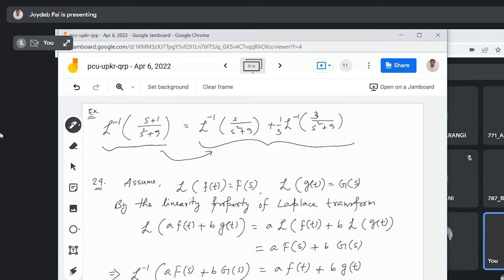I can just write f(t) as Laplace inverse of F(s) plus b into Laplace inverse of G(s). हो गया ना. Laplace inverse जो है वो linear है, वो property proof. L inverse of a into something plus b into something is equal to a into Laplace inverse of something plus b into Laplace inverse of something.